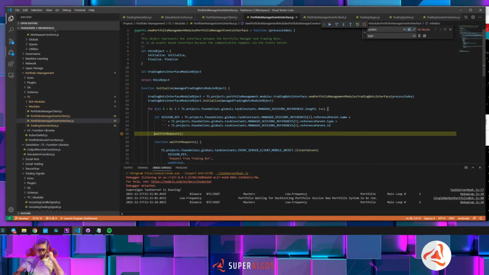There's something that I don't understand, because this is a trading bot. So what am I doing? This is a trading bot. Why is this portfolio manager interface even running here?